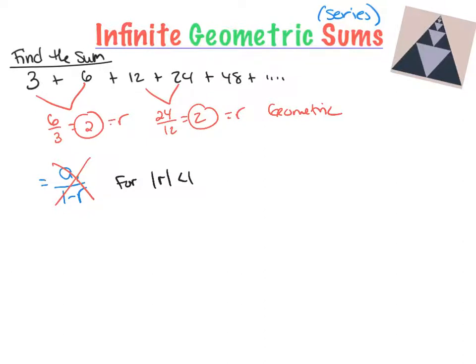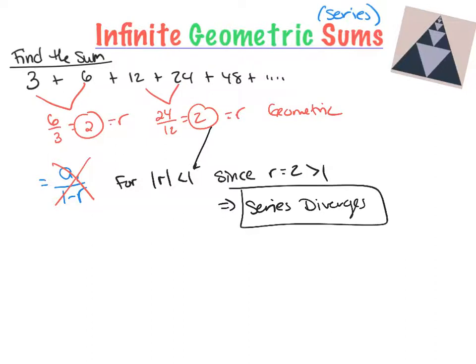Since in this case, r is too big, since r is 2, which is bigger than 1, then this series diverges. And there's nothing more to do. Sometimes people would say the series adds up to infinity, but most textbooks would just say the series diverges. Okay, that wasn't very interesting. Let's do a different problem.